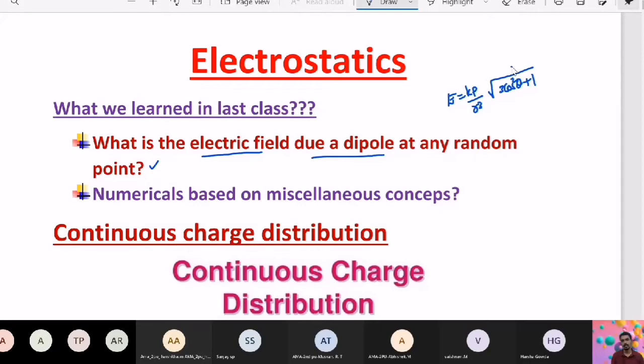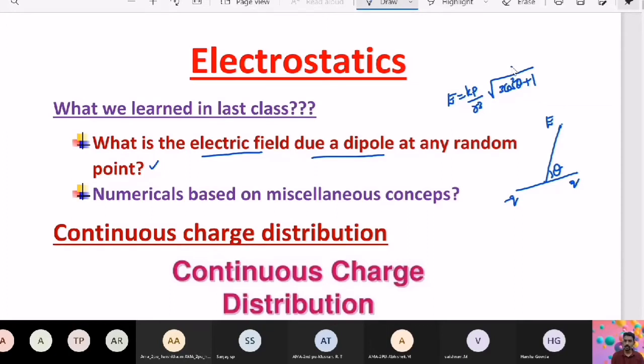So this is the electric field due to a dipole at any random point. If this is the dipole, minus charge and plus charge, and this is the midpoint, at any random point at an angle theta, the electric field is E. That is what we have studied.